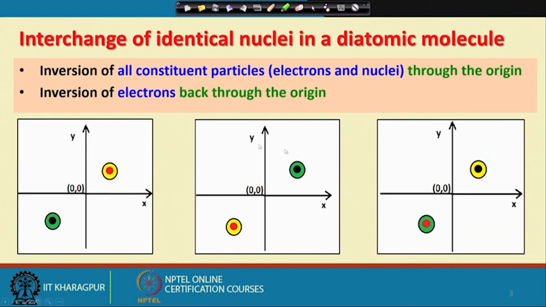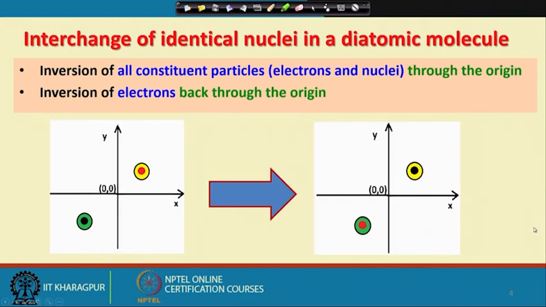Now, if I compare these two pictures, through this interchange of nuclei, starting from this highly simplified structure, I have landed up in a structure like this, where it is the same electron density at these two positions, but only the nuclear positions have been exchanged.